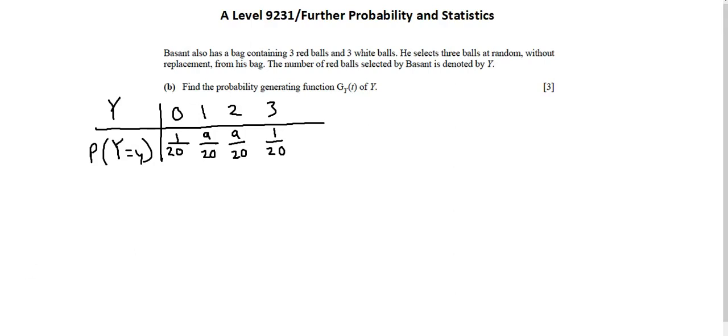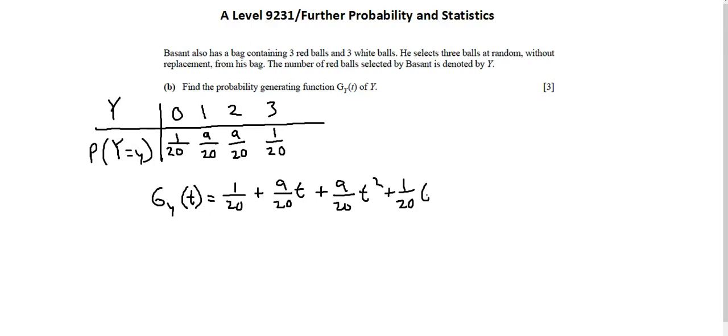You can do that. And with my probabilities, I can again create my probability generating function using ascending powers of t. 1 over 20 plus 9 over 20 times t plus 9 over 20 times t squared plus 1 over 20 times t to the power of 3.